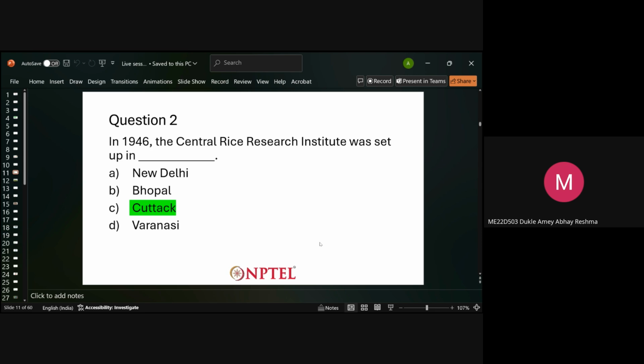If you look among all the states, Orissa has the maximum production of rice, because Bhopal, Madhya Pradesh is mainly known for wheat. Uttar Pradesh is mainly known for sugarcane, whereas Orissa is mainly known for rice. So that is how the institutes are spread out.